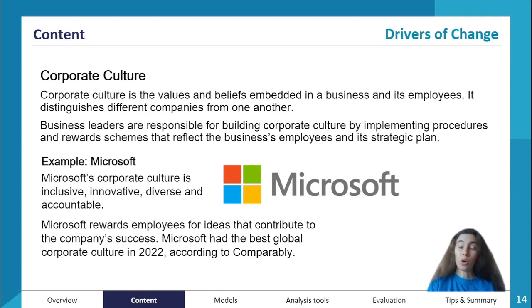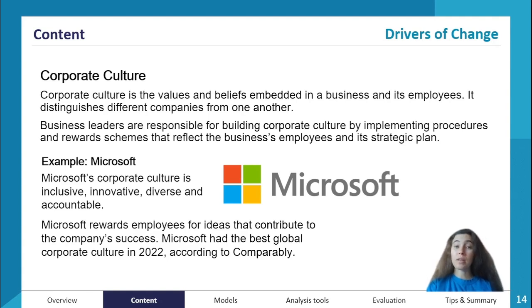So your corporate culture is going to distinguish you from other competitors. Businesses may offer the same products or the same services, but what should usually be different is the way that that business is in terms of its culture inside. And that can help customers decide what business they would actually go for.